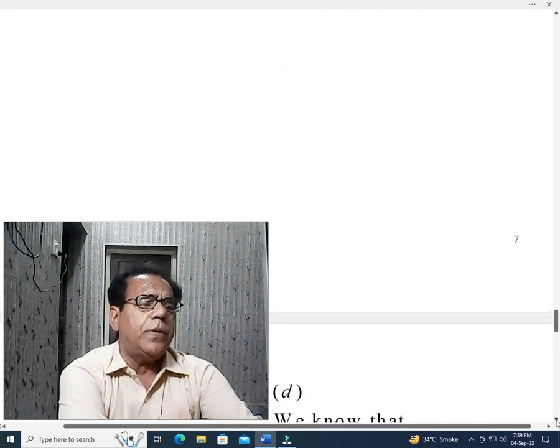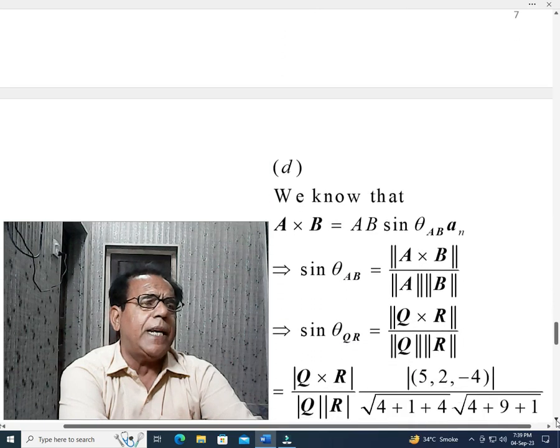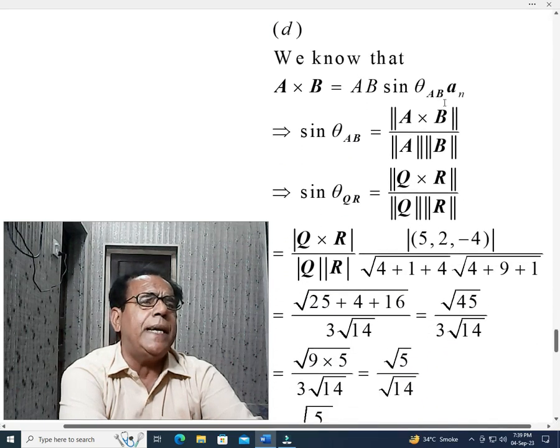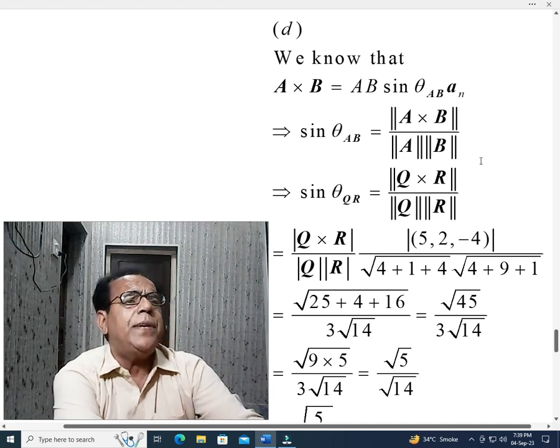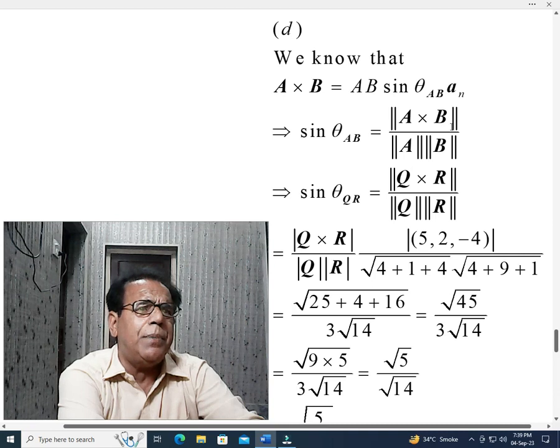We move forward. Part D, we know that A cross B is equal to AB sin theta into an, where an is a unit vector. This implies that sin theta AB is equal to A cross B over AB. We can write double bar or single bar, no difference.